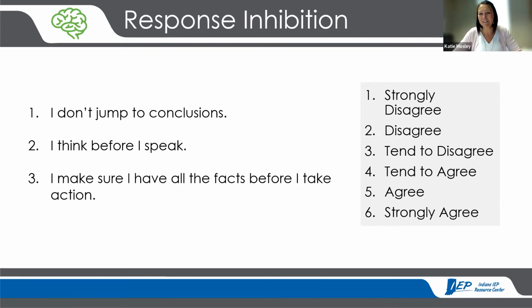So I am going to read each of these statements, and you will assign a numerical value to your response. If you strongly disagree that you don't jump to conclusions, you give yourself a 1. Number 2, I think before I speak. Where do you rank yourself on that? And number 3, I make sure I have all the facts before I take action.